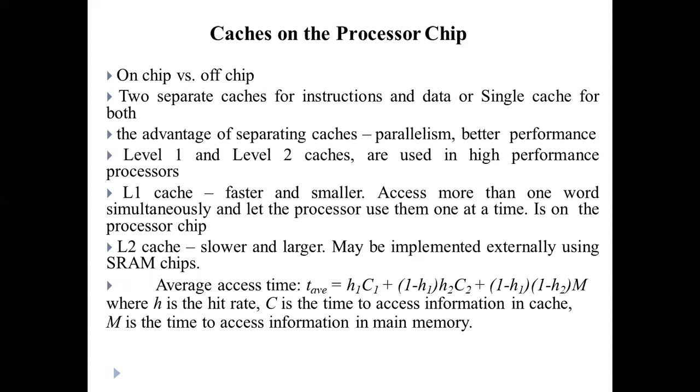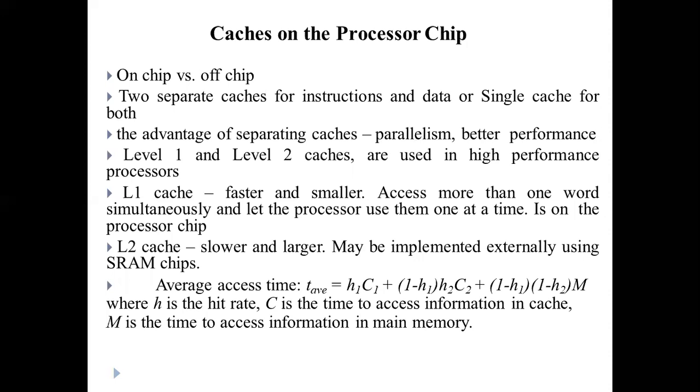Average access time, T average, can be H1 C1 plus (1 minus H1) H2 C2 plus (1 minus H1) into (1 minus H2) M. Here H1 is the hit rate, C1 is the cache level time, and M is the miss penalty.